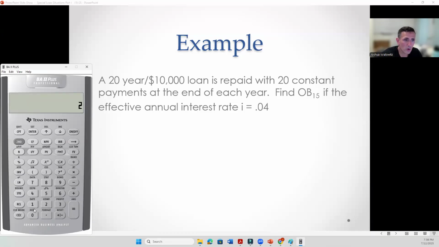I don't think I cleared the TVM, so I shall not sin and not clear it. All right, so 10,000 present value, 20 N, 4 for interest, compute payment: 735.82.